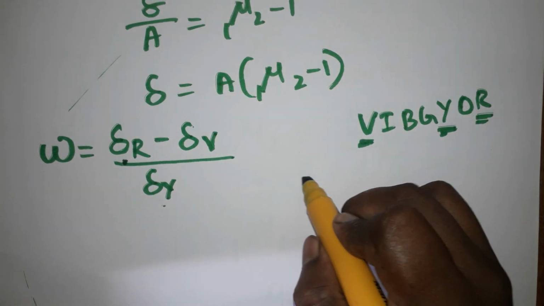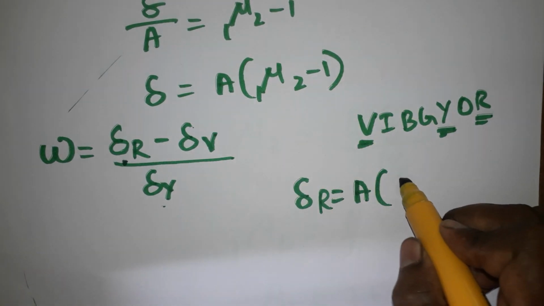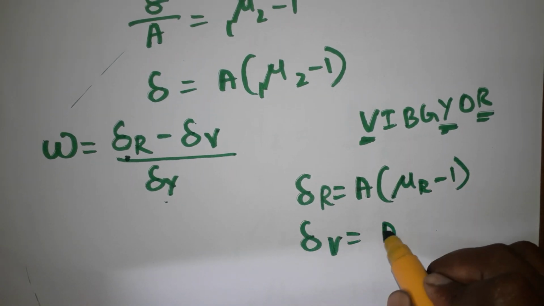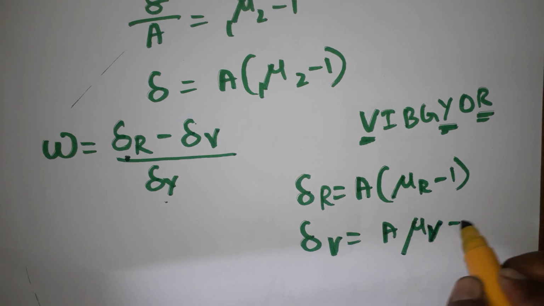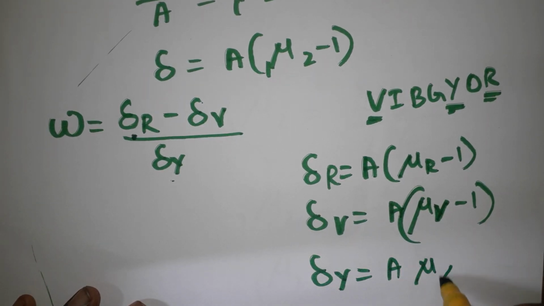Now, the deviation of red, with the same equation, is A times (refractive index of red minus 1); the deviation of violet is A times (refractive index of violet minus 1); the deviation of yellow is A times (refractive index of yellow minus 1).